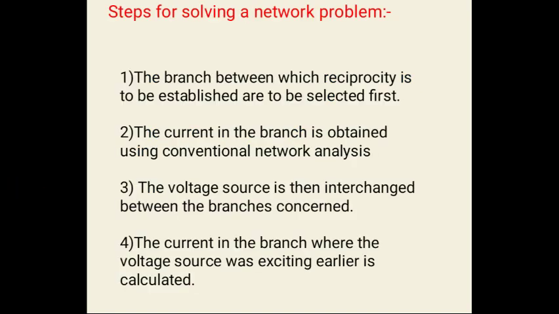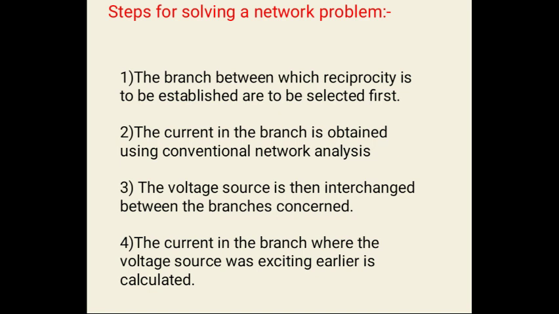Now there are some steps for solving a network problem using the reciprocity theorem, or for proof of the reciprocity theorem. First, the branch between which the reciprocity is to be established is to be selected. It means in the given network we have to select a branch in which we are going to prove reciprocity.